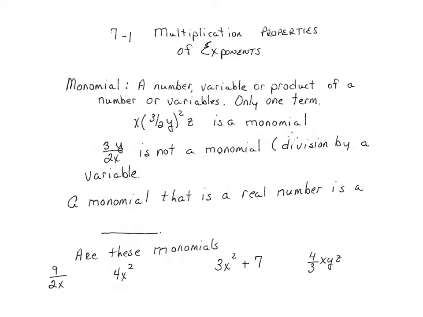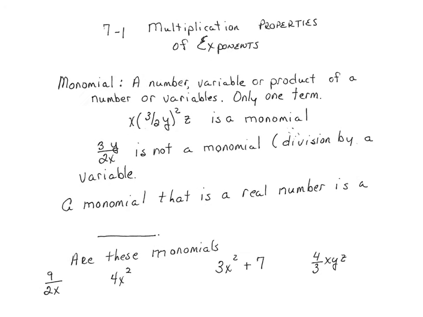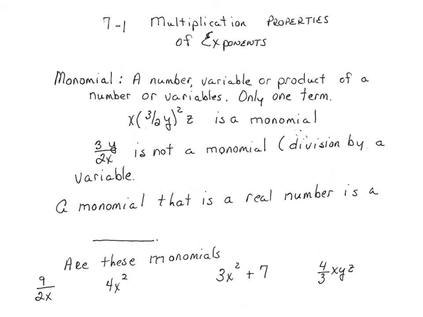So we first want to start by determining what a monomial is. It's a number, a variable, or product of a number or variables. And it's only one term. There won't be any pluses or minuses. For example, x to the 3/2 y squared z, even though you've got several terms within that, is still a monomial because everything is multiplied together.